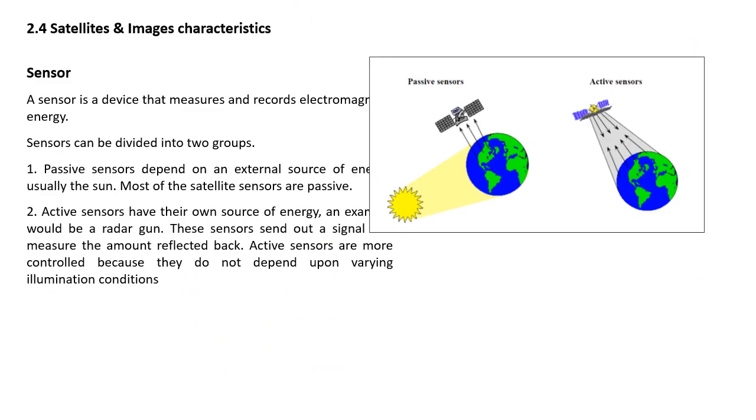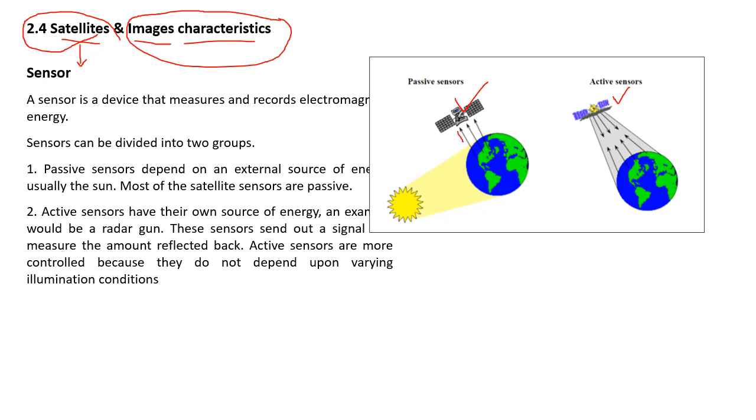And now here we'll talk about the satellites and image characteristics. There are two: one is the characteristics of the satellite, and another is the characteristics of the images. The satellites we can broadly classify into two categories: the passive sensor, called passive remote sensing, and the active sensor, active remote sensing.